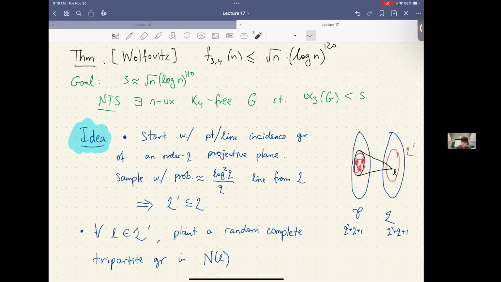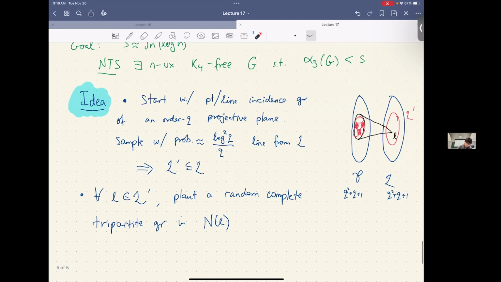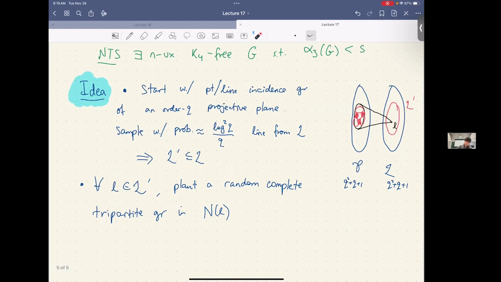What it means is that over some small set, we would like to see some triangle. So if you plant a bipartite graph, it is useless. There's no triangle. If you plant a complete tripartite graph, there are lots of triangles. And hopefully later, if we need to modify the graph, these triangles will survive when you take a not so small set. You will prove that the alpha 3 independence number is small. So this is the random tripartite block construction.